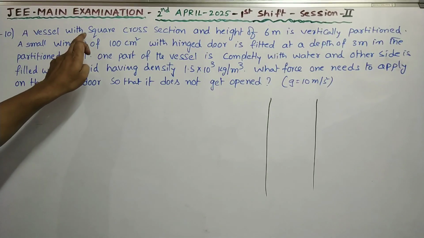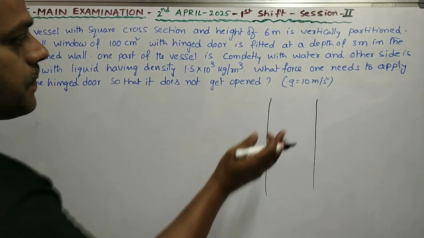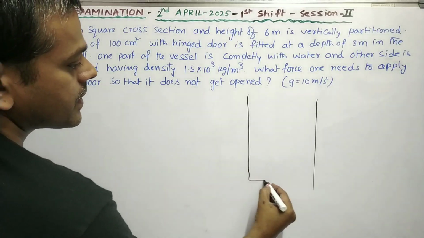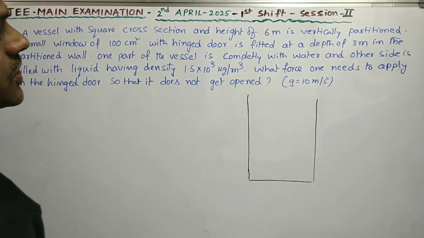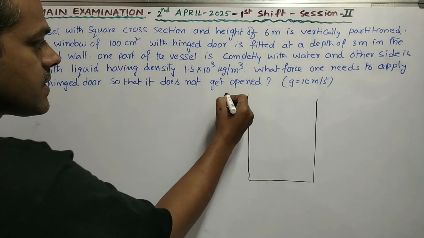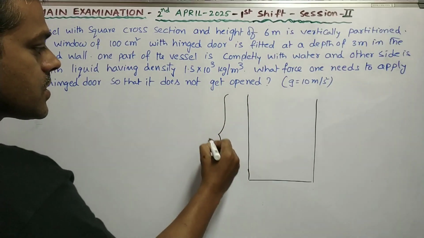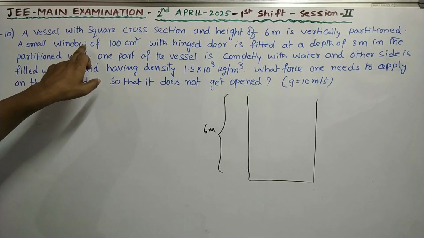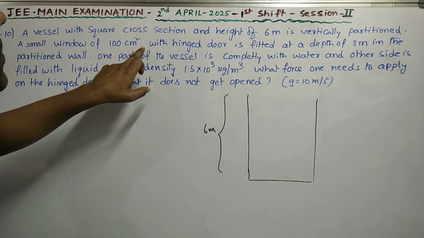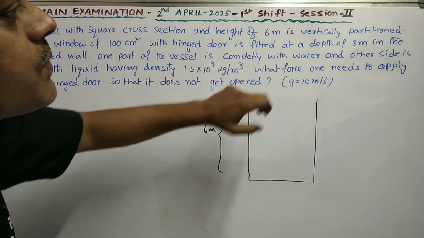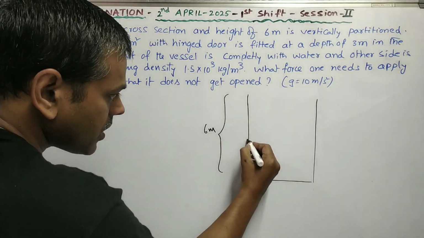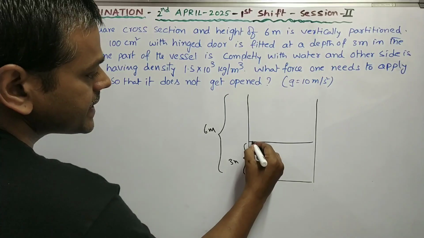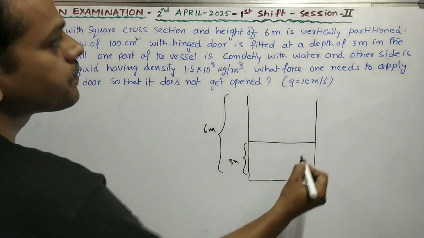This is a vessel with a square cross section, total height 6 meter. At a depth of 3 meter, a hinged door is fitted.